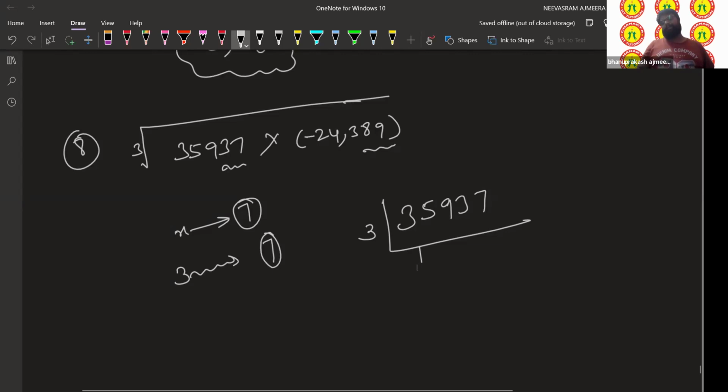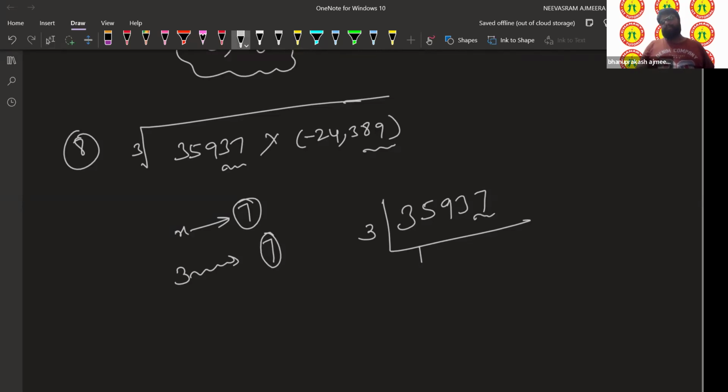Any other doubts? Last year I told you how to solve this. We discussed similar kinds of problems in class. So go for the prime factorization method. As I said, the unit digit will be 3. If you multiply 3 times, you will get a product with 7 as the unit digit.